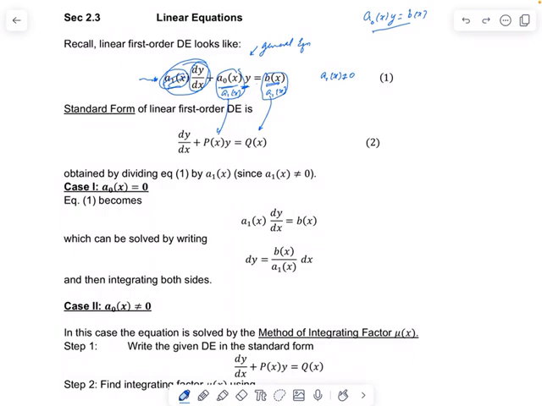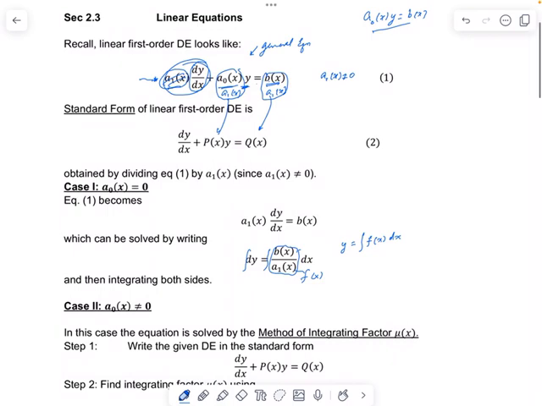So we move everything with x to the right side, and now we can integrate. The left hand side will give just y, and on the right side we will have a function of x. Let me call this f of x dx. Whatever this thing is, I'm calling it f of x. Now we can integrate by the rules and methods that we have learned.